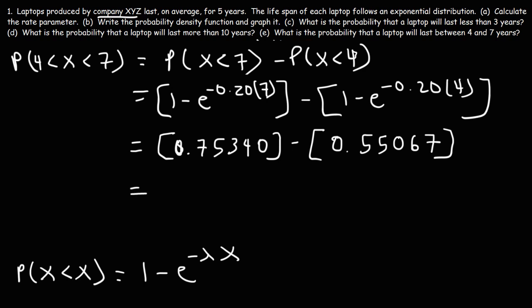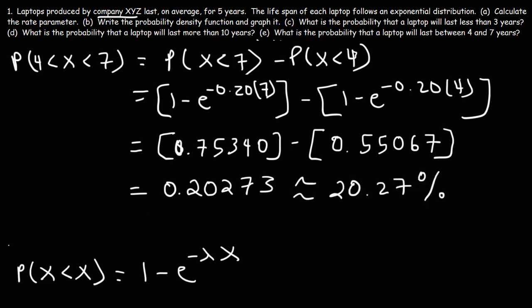Now all we need to do at this point is take the difference of these two numbers. So 0.7534 minus 0.55067. And so the answer is going to be 0.20273. So we could say this is approximately a 20.27% chance.